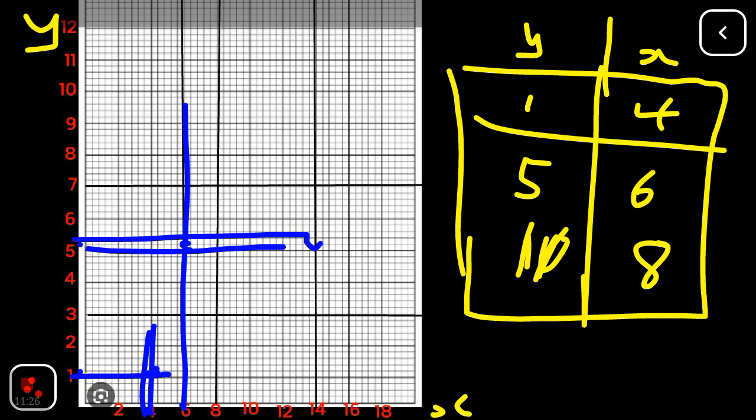Hope you can see it because I'm writing with my hand, so it's very hard for me to locate the line. The line is too tiny. So again, when y is equals to 11, here it is, and x is equals to 8. So x is already very clear at that, and 11 is like this. So there it is here. So you can see how it can look like.